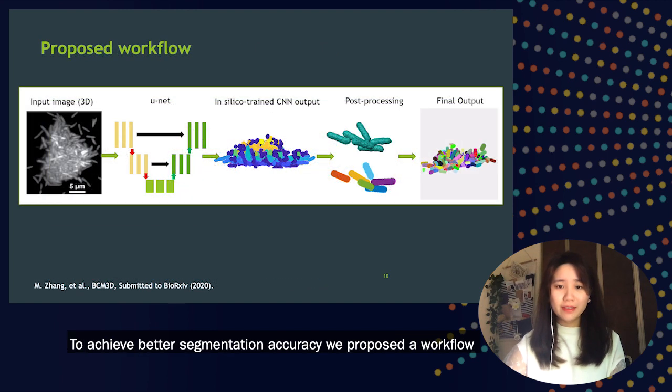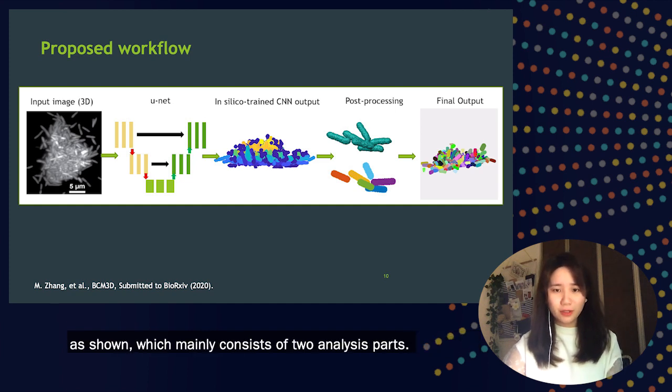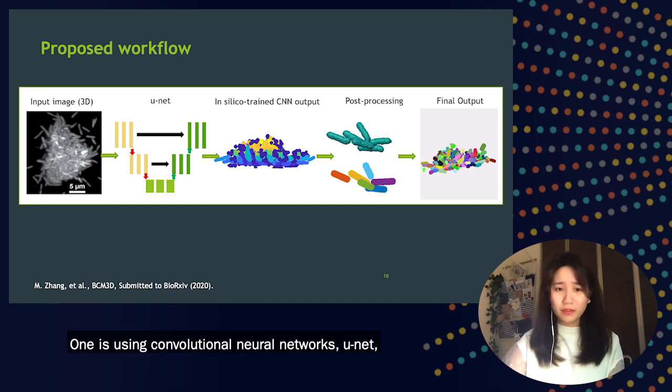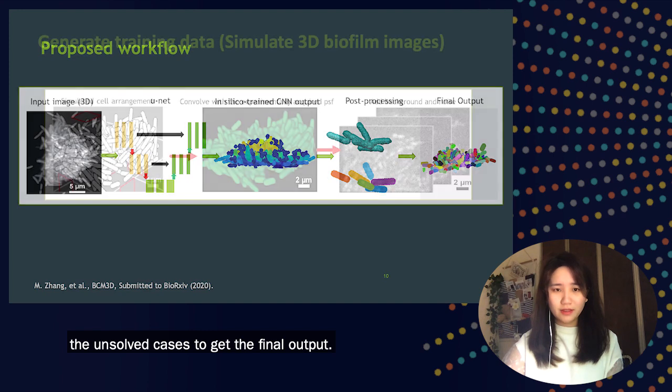To achieve better segmentation accuracy, we propose a workflow as shown, which mainly consists of two analysis parts. One is using a convolutional neural network, UNet, to get in silico transient preliminary outputs. Then, we post-process the outputs to further analyze unsolved cases to get the final output.